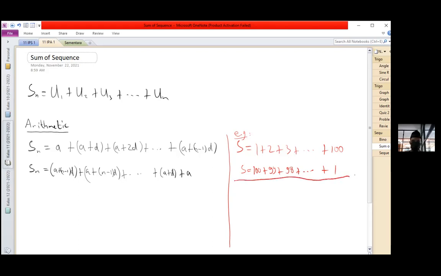The next step I will do is to add the two of them. This is just like elimination. I mean, we add both sides. On the left hand side we have S plus S is 2S, and on the right hand side we'll have 1 plus 100, 101, right? 101.